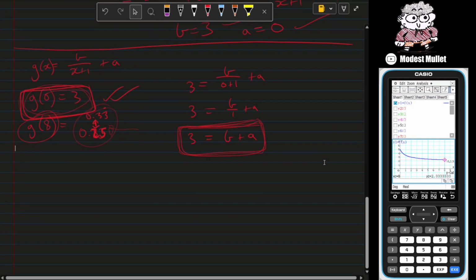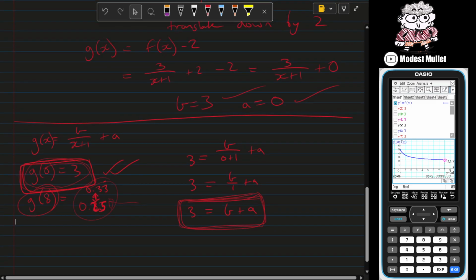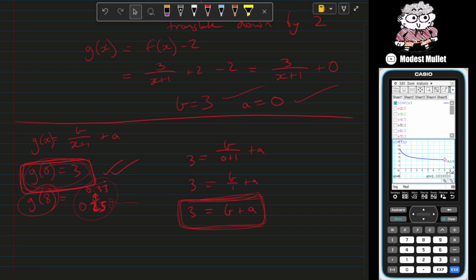Okay. So that's one way, and I need to show you a way we can do this in our CAS where we can play with values. We can actually be given a slider. So in this case, let's say we're going to start with b is equal to 2. So we do 2 divided by x plus 1, okay, and then plus, and if we go keyboard, let's put an a there.